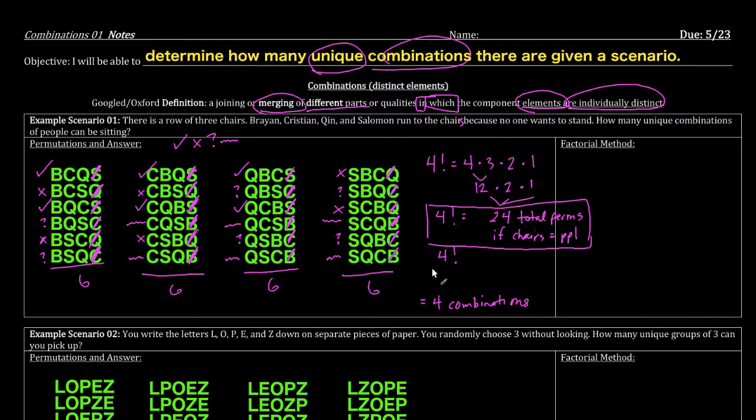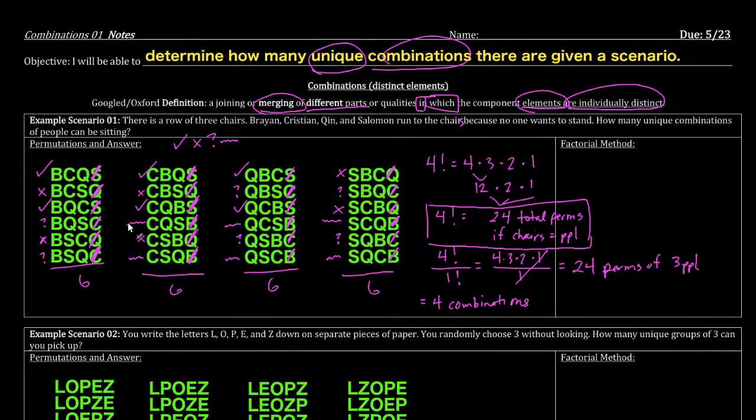We have to get rid of that 1 like we did in the previous lesson. So that's 4 times 3 times 2 times 1 over 1. So 4 times 3 times 2 is 24. So this means we have 24 permutations of 3 people.